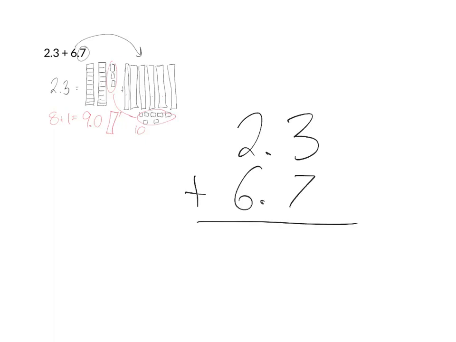So if I'm adding up my 10s first, what do I get? Okay, so I get 10, because 3 plus 7 is 10. So I write the 0 at the bottom, and I carry the 1. What will I get from my 1s column? 9. Yeah, because 1 plus 2 is 3, and 3 plus 6 is 9. And the most important part is remember to bring down the decimal. All right? How do we feel about that?